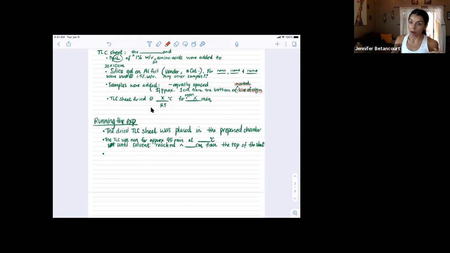The other location on the sheet that you need is the final solvent front, because you need to calculate how far the solvent front ran. So if you just take that TLC sheet out and dip it in anhydride, you will have no idea where your solvent ran for each of your samples, and then you'll have to start this whole thing over.